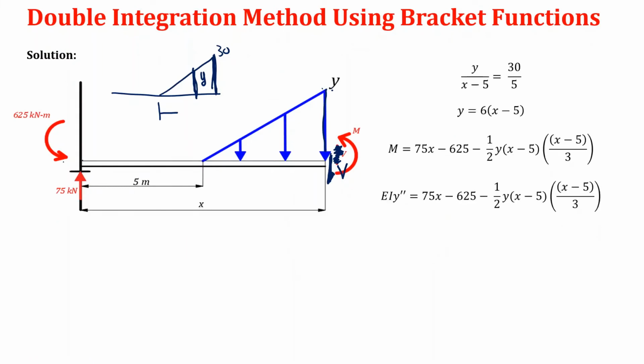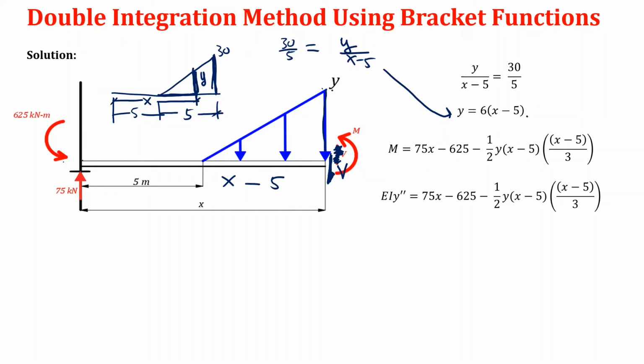So this is 5, from here to here, and this is also 5. So, 30/5 is equal to y, the height, and then the length here is x minus 5. So, therefore, y is 6 times x minus 5.